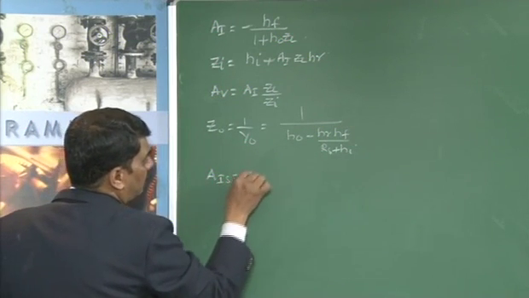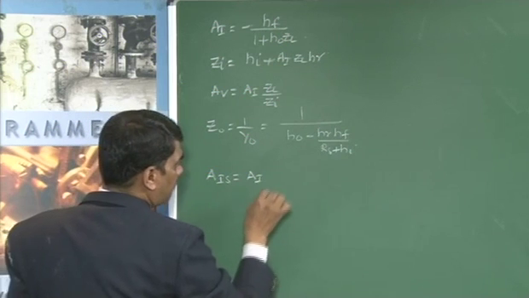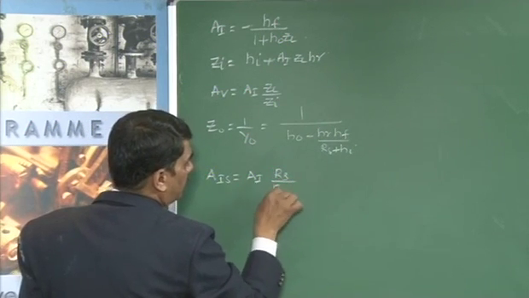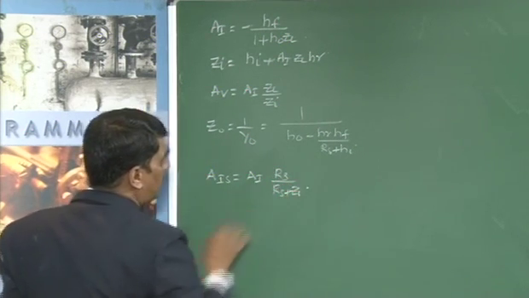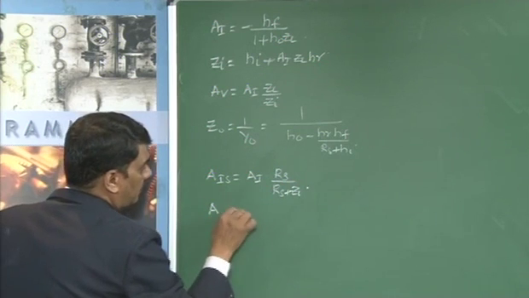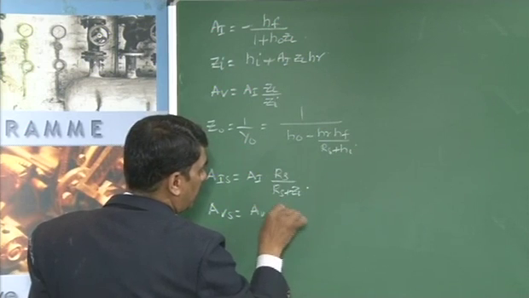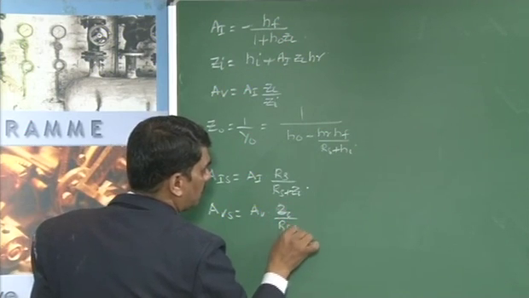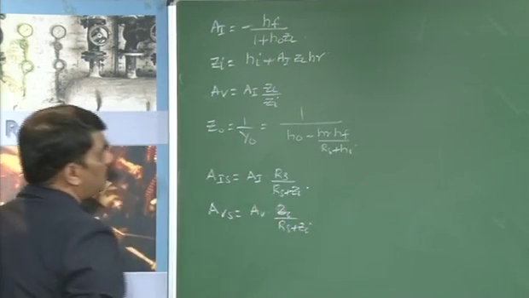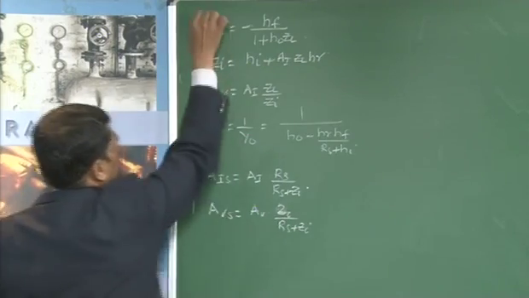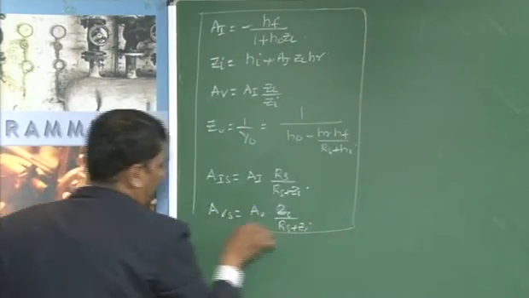AIS is equal to AI into RS divided by RS plus ZI, and AVS is equal to AV into ZI divided by RS plus ZI. Means this is a summary of these important equations.